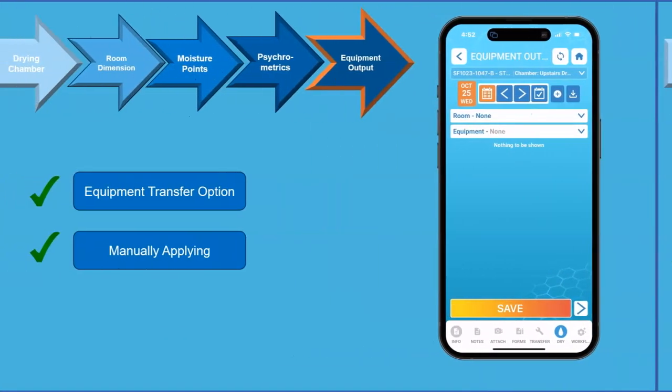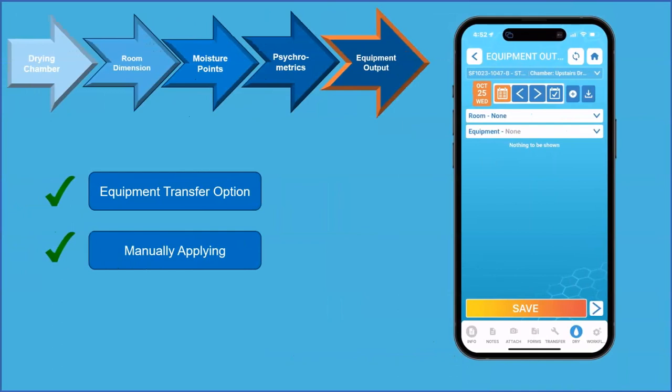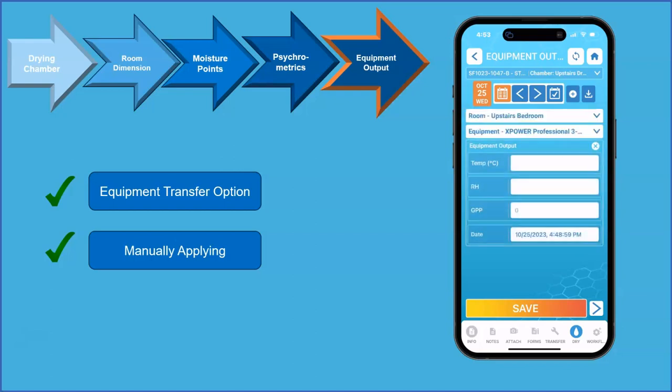If I had utilized the equipment transfer option either by Proven Jobs web or from the mobile application, the equipment will either be residing on the job site location, or I could download the equipment using the download icon to confirm. When I select the current room that has the equipment residing on it from the room selection, it will automatically display the equipment residing on it due to me using the equipment transfer option.